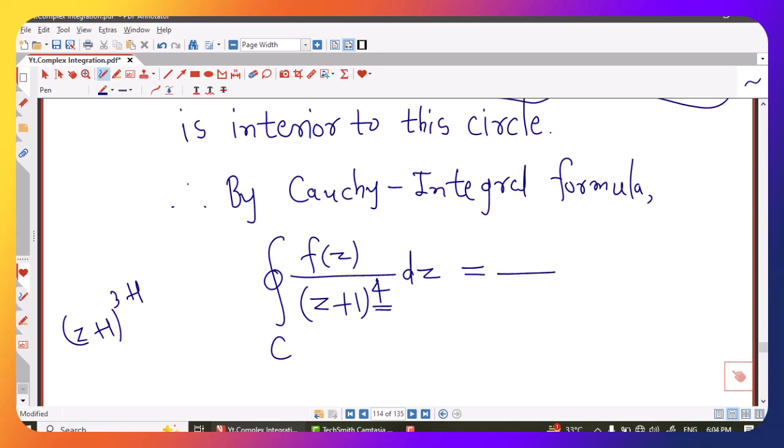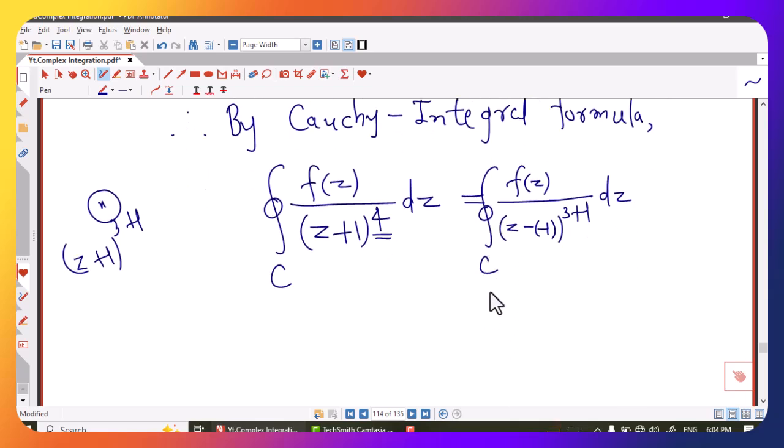So this is equal to, so our n is 3 here, or we can write one more step, integral of f of z divided by z minus minus 1 to the power 3 plus 1 along contour C.